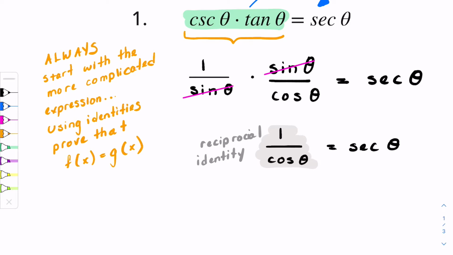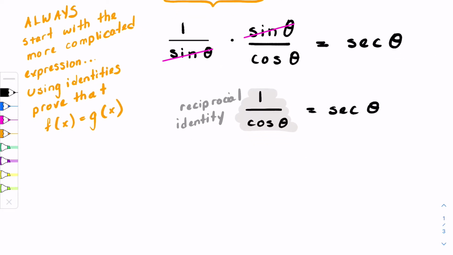So this reciprocal identity, 1 over cosine, is equal to secant of theta. So at this point, we can prove that secant of theta is equal to secant of theta.